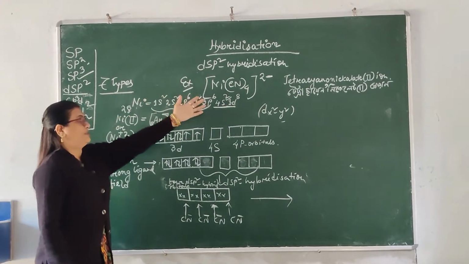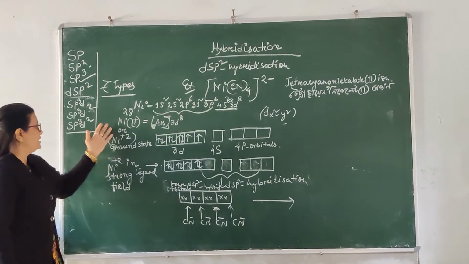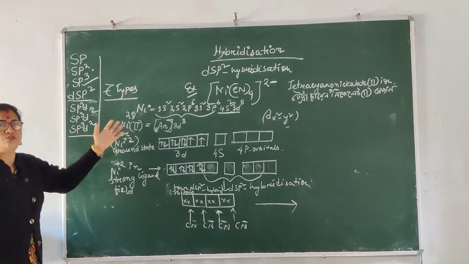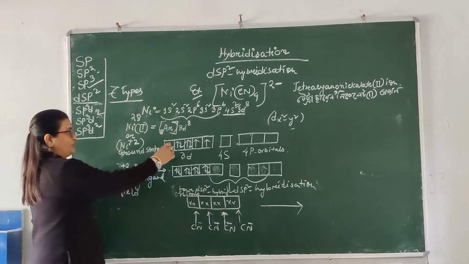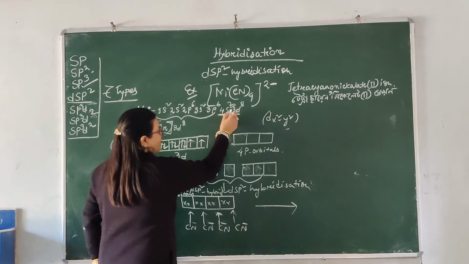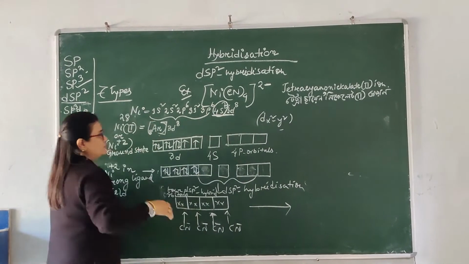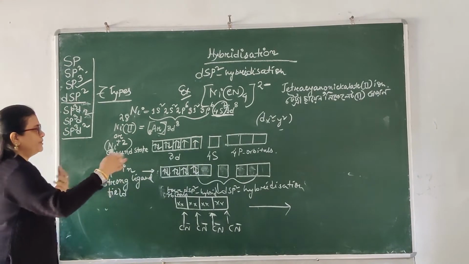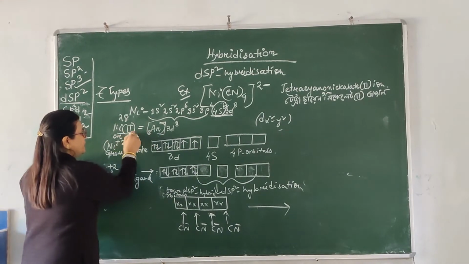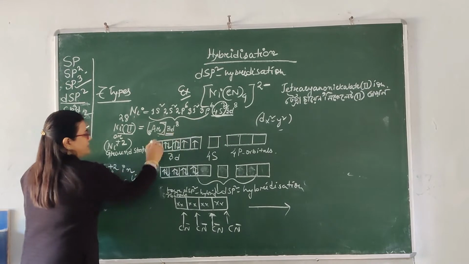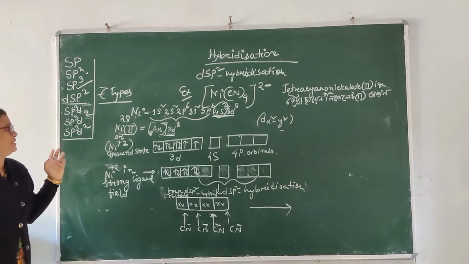But in this coordination complex, nickel exists in the nickel 2 plus state. In the nickel 2 plus state, the 2 electrons of 4s will be liberated to form nickel 2 plus. Here the outer electrons will be 3d8.